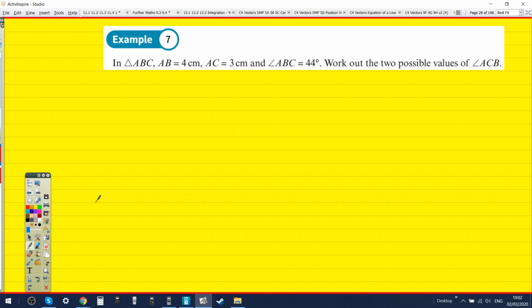We first draw the triangle, and then label the 3 points A, B, C. And then label AB as 4, AC as 3, and angle ABC as 44.